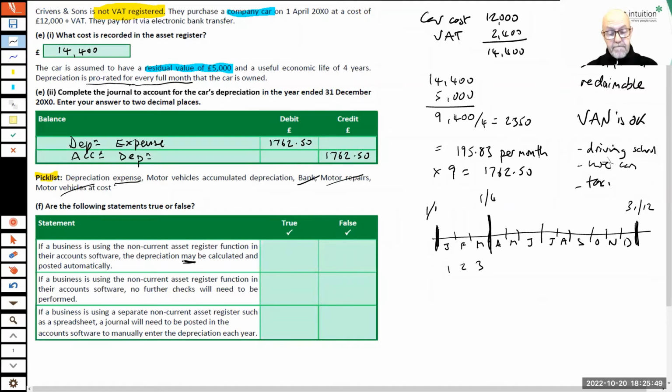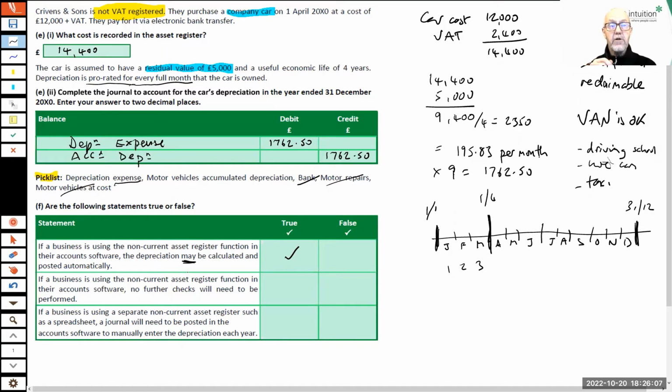Well, it would make an awful lot of sense if it did, and in the majority of cases, sure enough. But again, the takeaway is if you see a question that says always, then be careful, because very few things in accounting or accounting software are always.